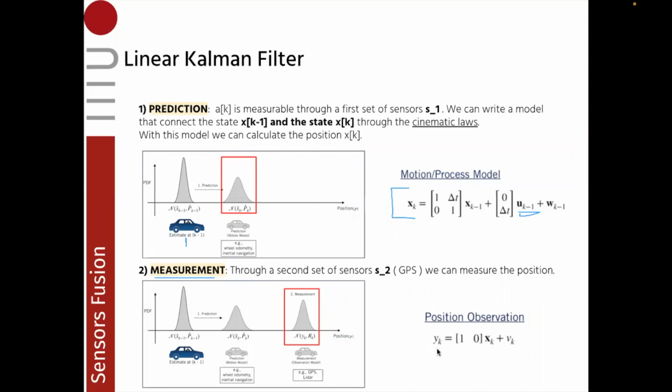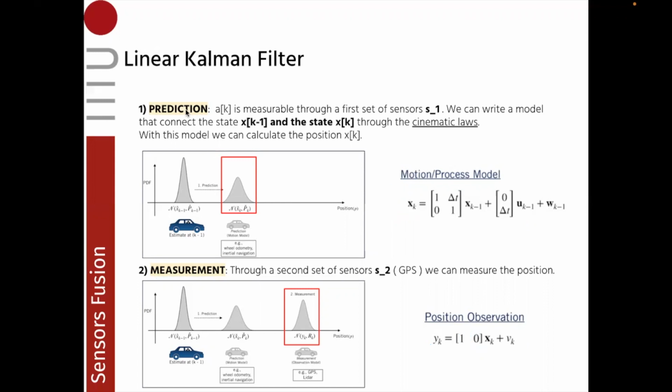And so our state observer here will be represented just by a matrix 1, 0, because what we have taken by the GPS is just the position, so the first entry of our state. And of course, here we have the noise. So we do the measurement, which of course has a given uncertainty.